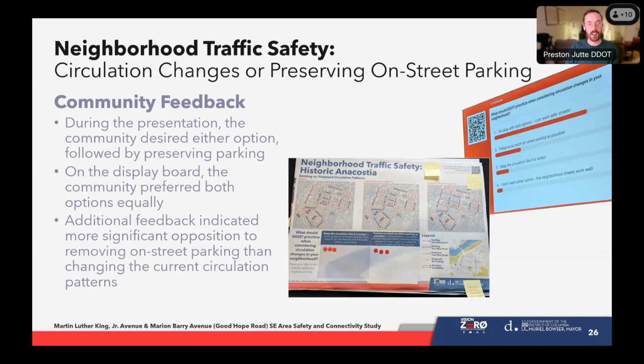What we have heard is: circulation changes, I don't know if I 100% want that, but I know I do not want to reduce parking, and that is a significant challenge to my quality of life, and that is not an option, and I would much rather look at changing circulation to address those safety concerns and address my needs to get in and out of the neighborhood. So very loud and clear, preserve the parking.